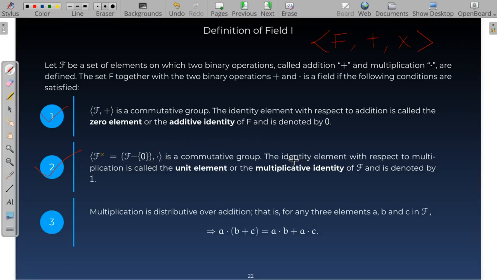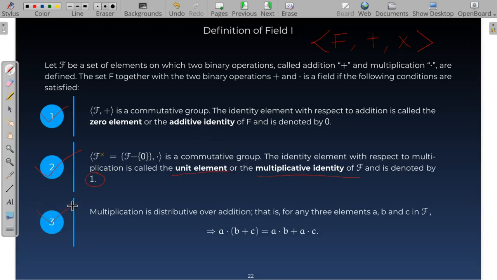Okay, and the identity element with respect to multiplication is called multiplicative identity of F and is denoted by 1. So 1 is always going to be multiplicative identity of the group. It is also called unit element.